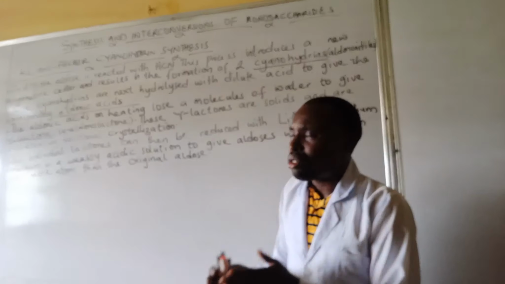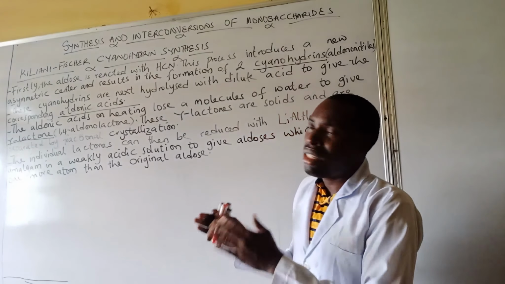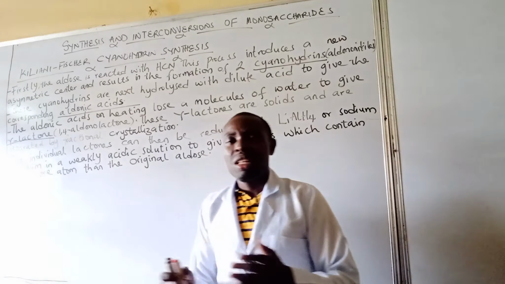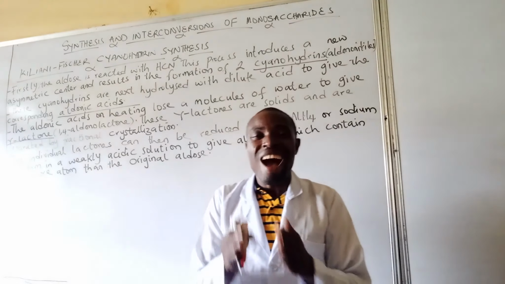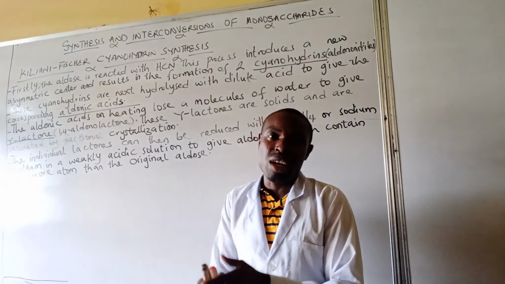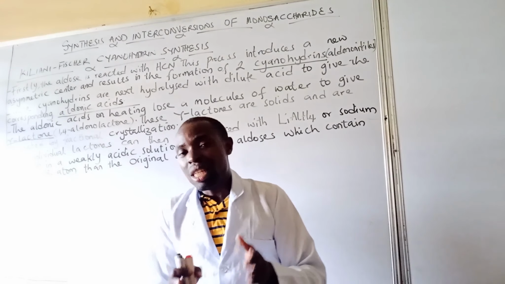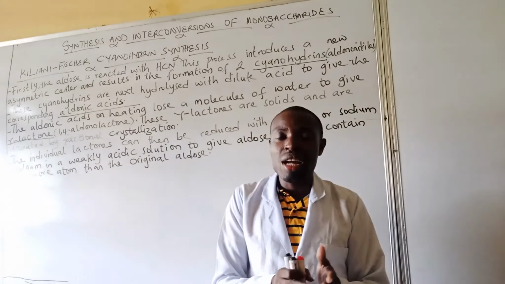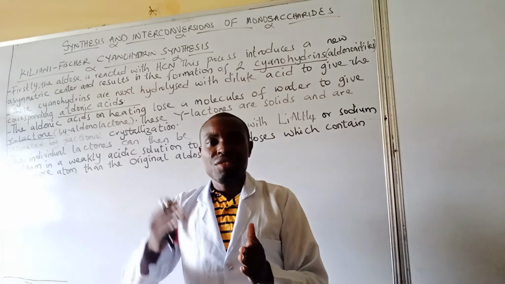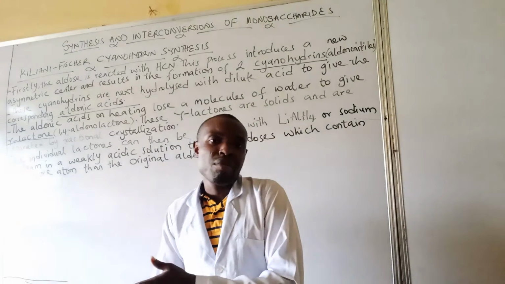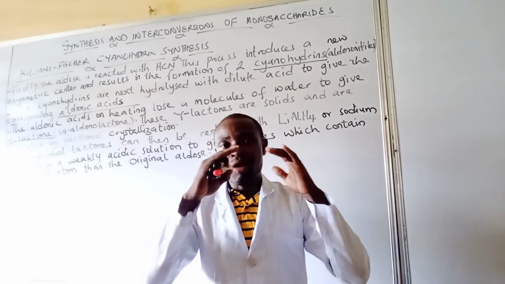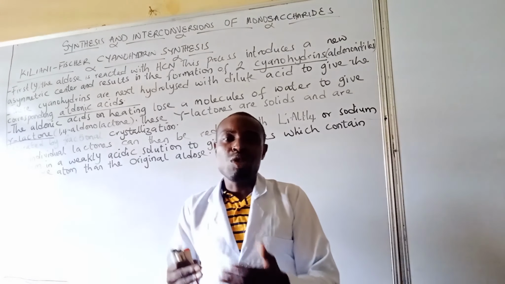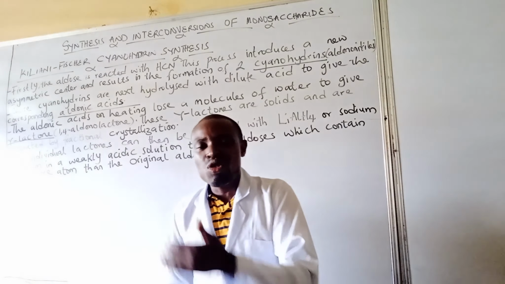Now, in our video for today, talking about this synthesis and interconversion, there are various ways in which monosaccharides can be synthesized and also can be interconverted. One of which is the conversion of an aldose sugar to a higher aldose sugar. Number two, the conversion of a higher aldose sugar to a lower aldose sugar.